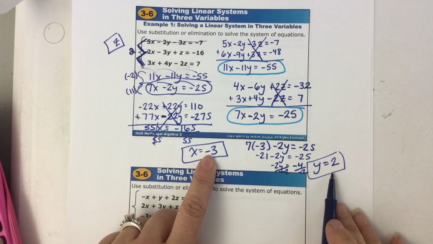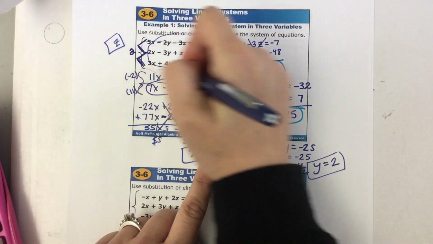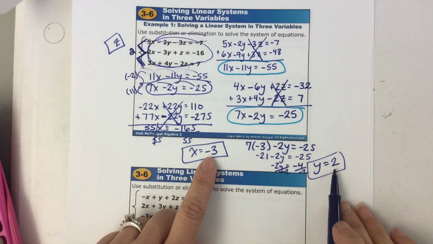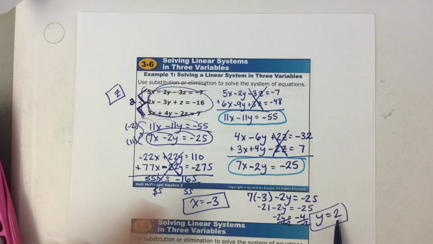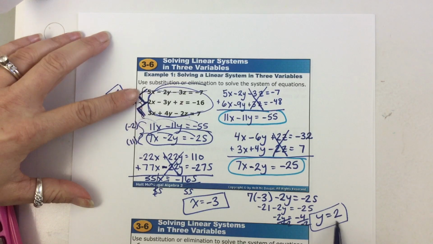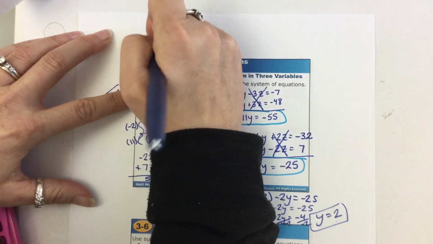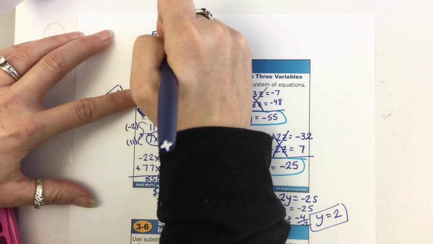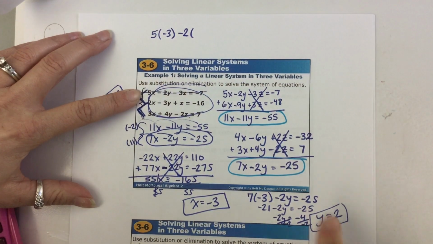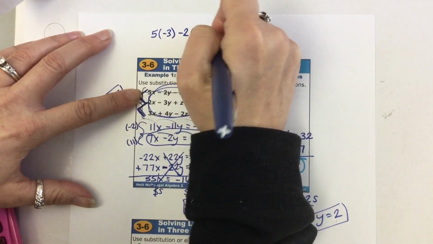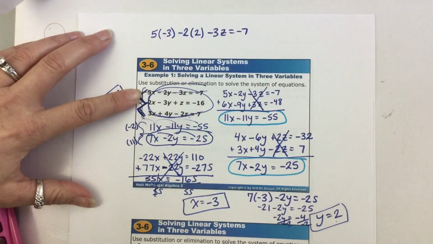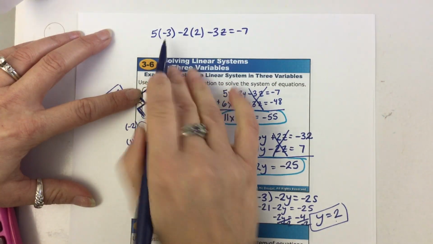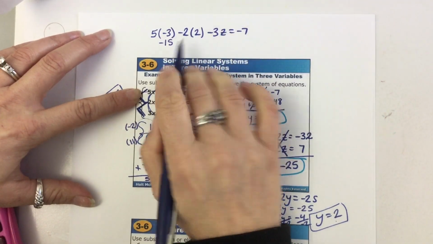Once you know 2 variables, you go back to one of the originals and fill it in to solve for the third. Let's use the top one. So 5x, where x is negative 3, minus 2 times y, where y is 2, minus 3z equals negative 7. 5 times negative 3 is negative 15.